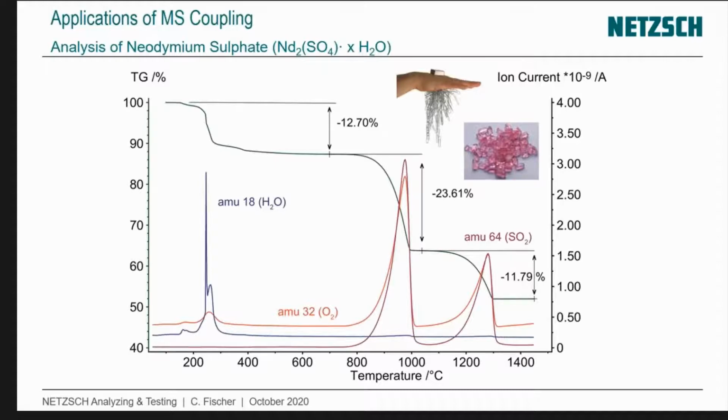Mass number 18 shows the release of water during the first mass loss step. During the second and third mass loss step, the decomposition of the sulfate can be proven as oxygen and sulfur dioxide with mass numbers 32 and 64 were released. So you see that the Aeolos Quattro can easily detect the decomposition of salts.